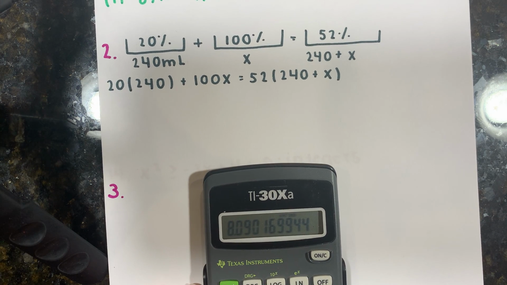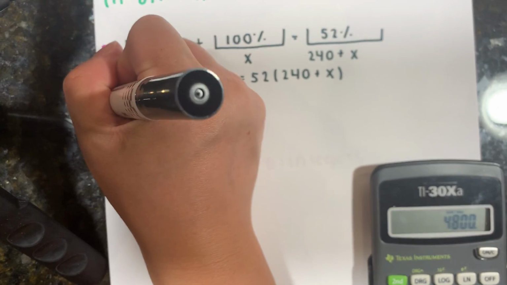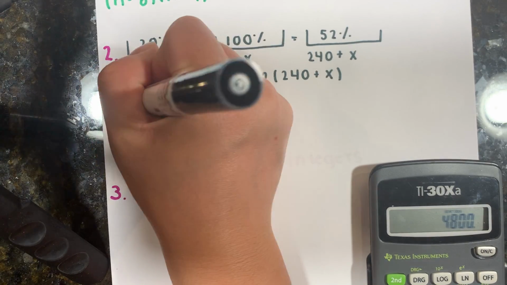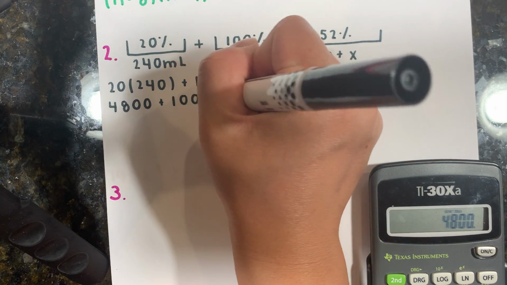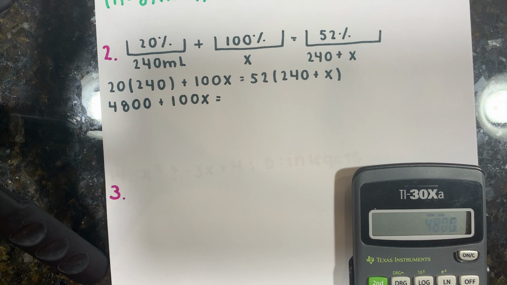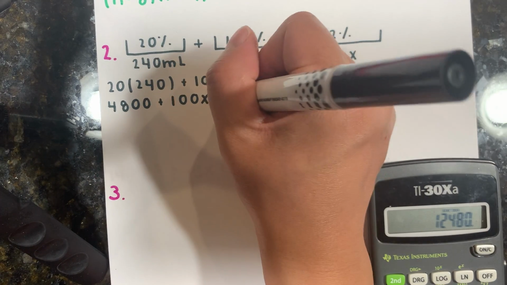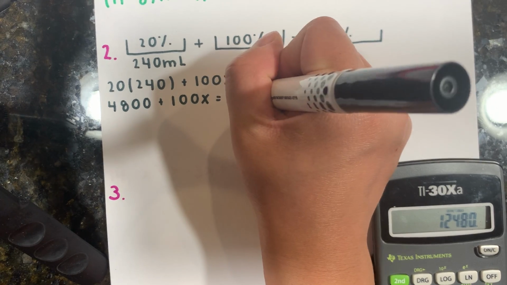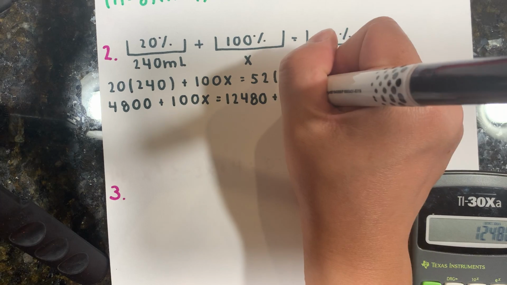So if you want to watch, 20 times 240 would be 4,800 plus 100x equals 52 times 240, which would be 12,480 plus 52x.